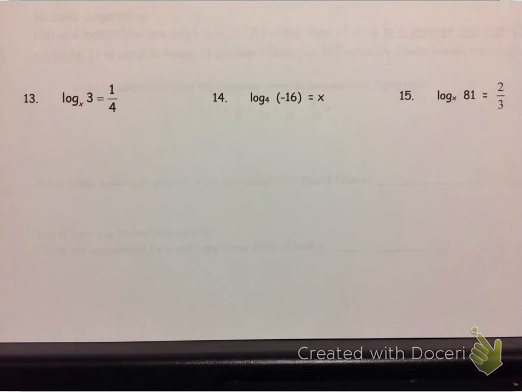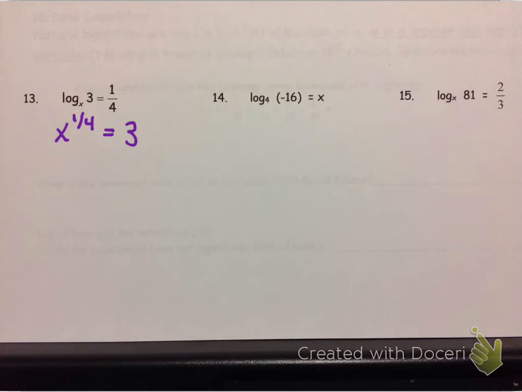And then the final row of solving are more of your power equations and more of your no solution kind of equations. So on 13, when you convert to exponential form, you get x to the 1/4 is equal to 3.